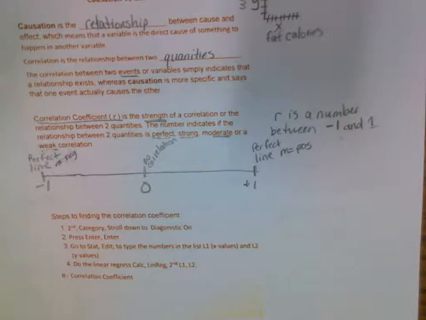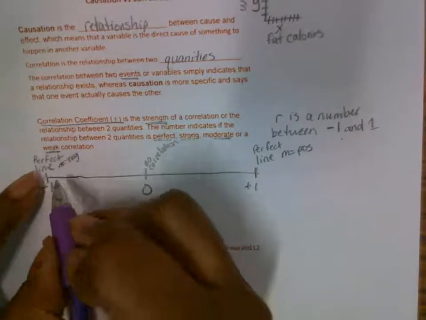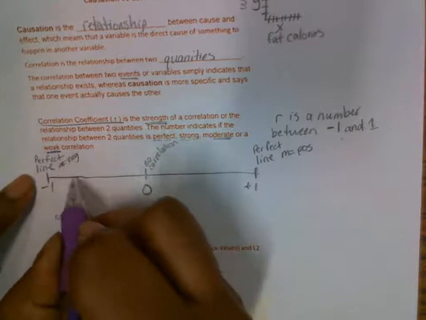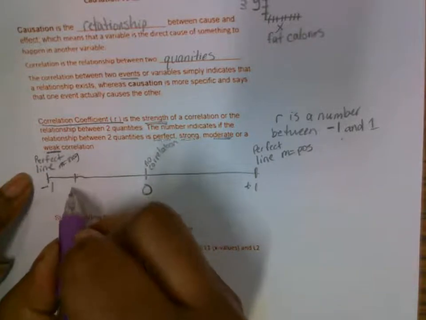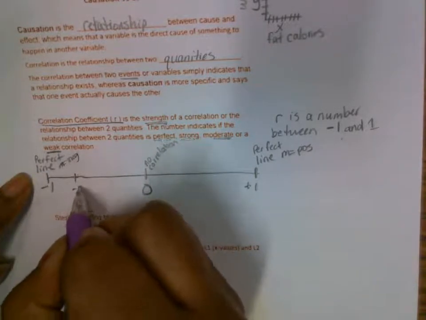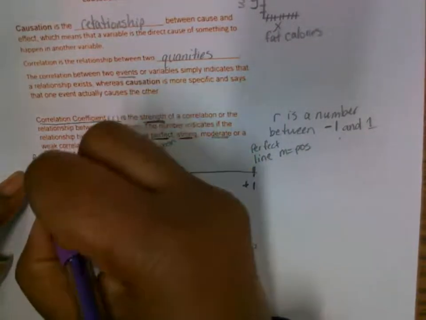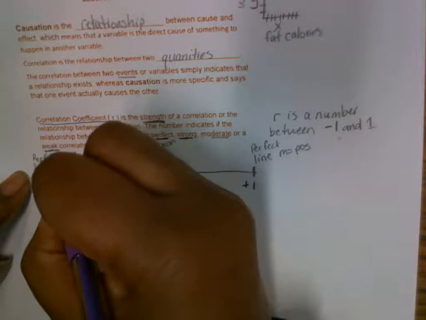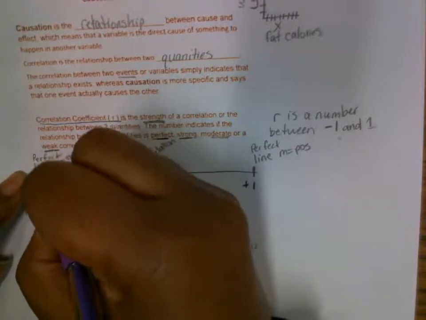A strong correlation means the points are spread a little bit further apart, but it's still a strong correlation. It's not a perfect straight line, but it's a strong correlation. It's going to be here between -1 and possibly -0.75. So somewhere in here is a strong negative.